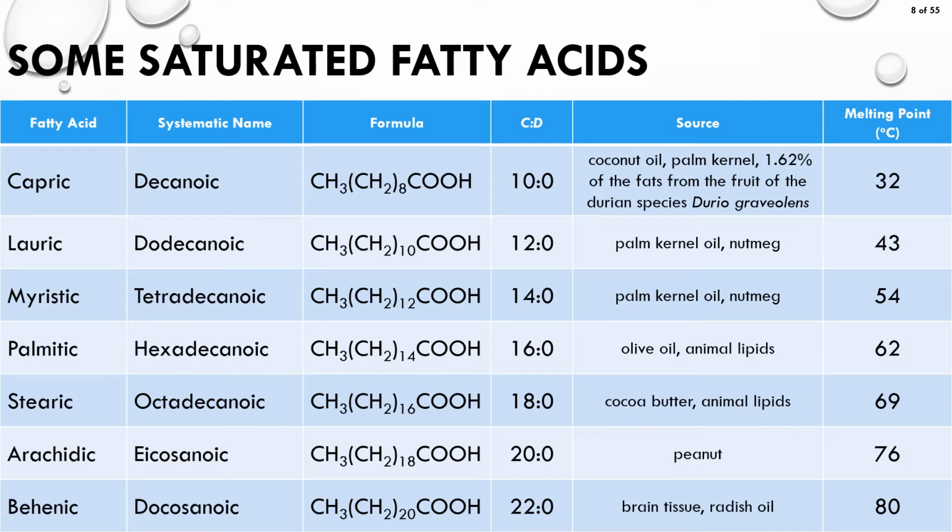Mas stronger ang iyang intermolecular forces of attraction kay taas man ang iyang hydrocarbon chain. Kung strong man siya, dili siya basta ma-overcome ang intermolecular forces of attraction, so it needs more energy para mag-melt ang fatty acid.